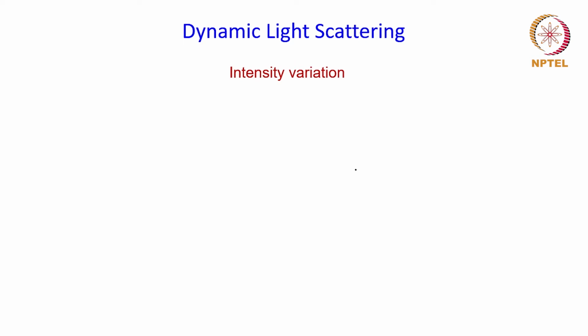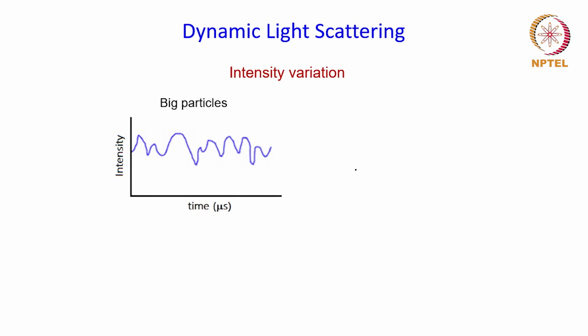So if you look at the intensity variation, for the big particles, the variation is slower, or the frequency of this intensity fluctuation is lower.